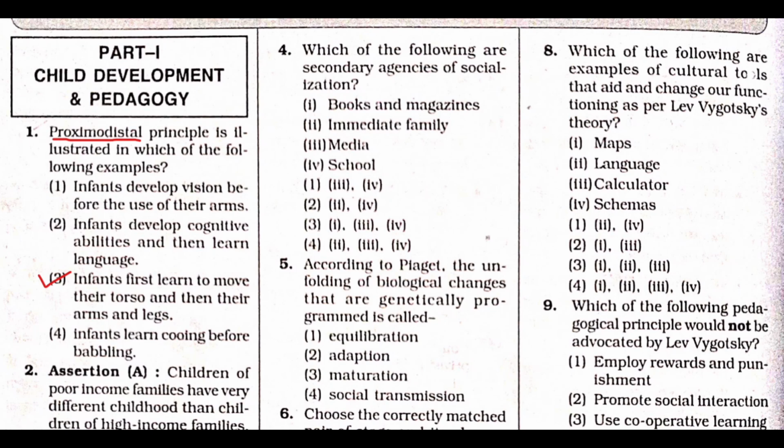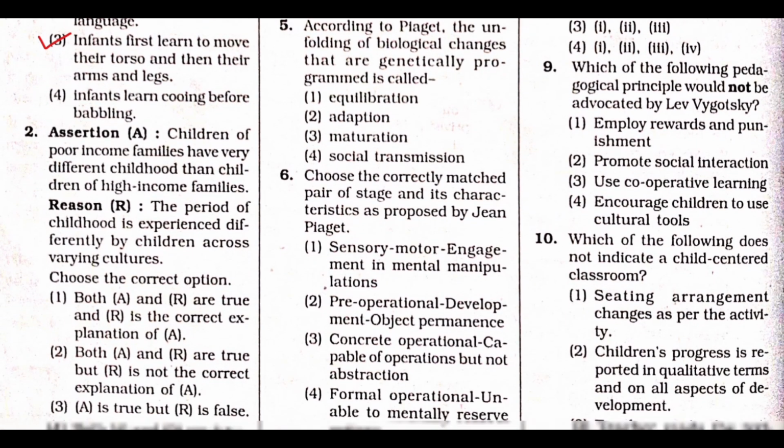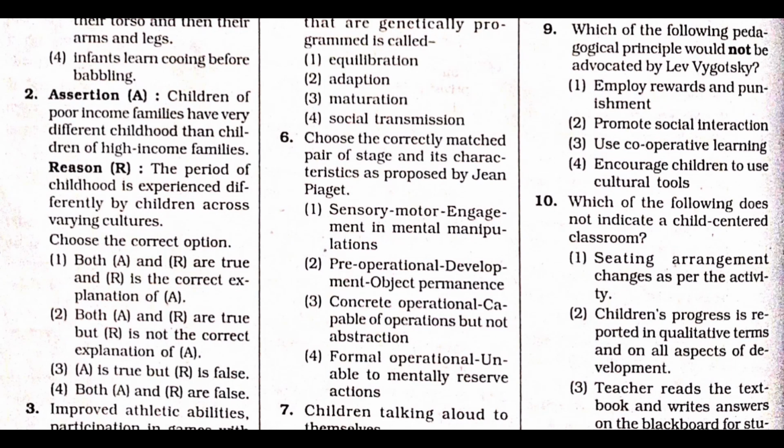All right, then let's see question number 2. Assertion: children of poor income families have a very different childhood than children of high income families. Reason: the period of childhood is experienced differently by children across varying cultures.